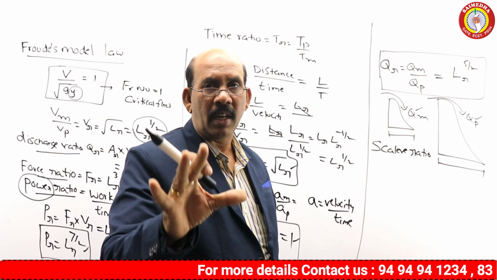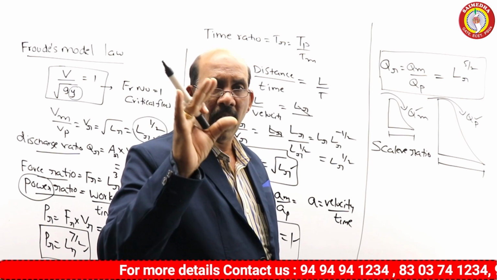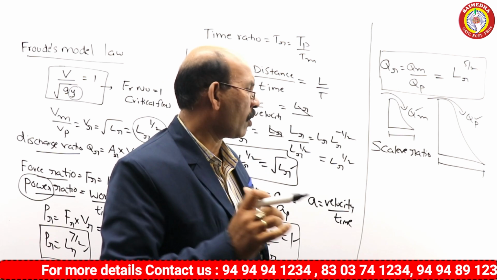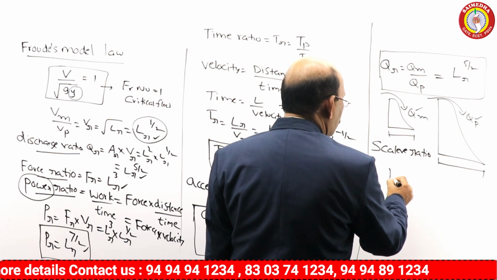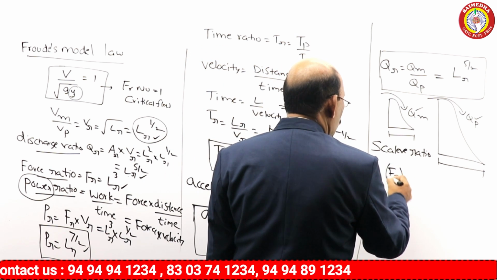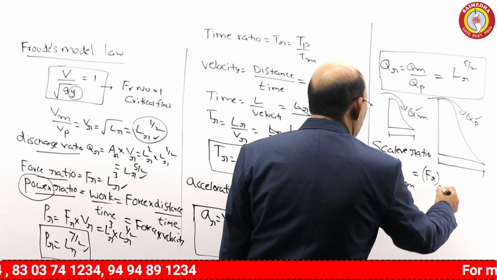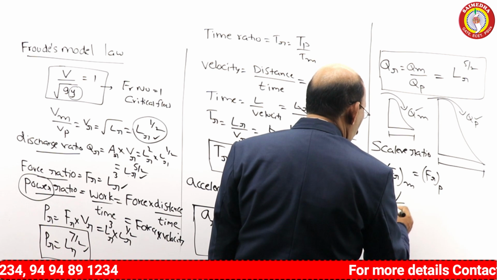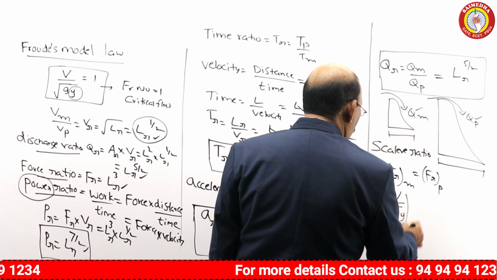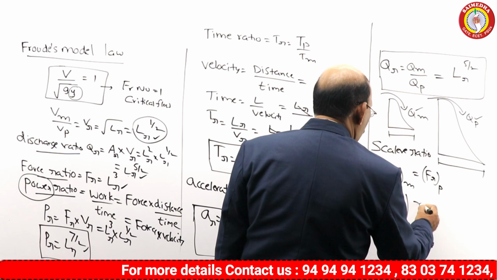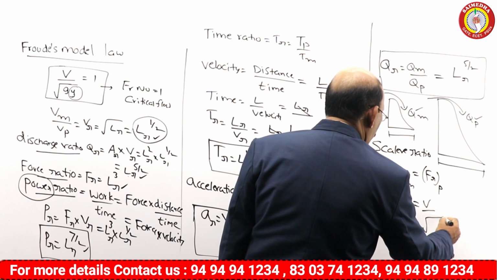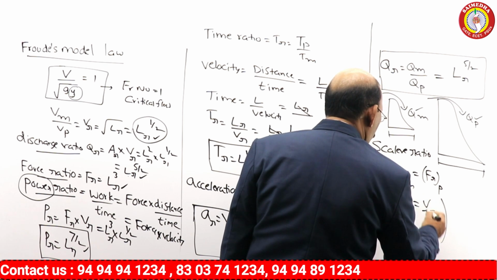Hope you understand the Froude's model law. We just used the Froude number concept, that is, the Froude number in the model is equal to the Froude number in the prototype. So V by root Gy in the model is equal to V by root Gy in the prototype.